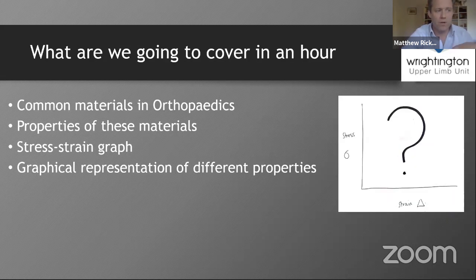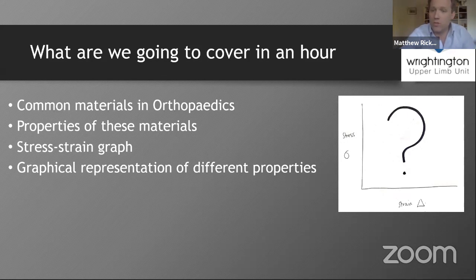So what are we going to cover in an hour? Well, probably about 45 minutes: common materials in orthopedics and the properties of these materials. When asked about these materials, hopefully you'll have something to say about each of them, but also you'll have an understanding of their properties and why you're using them, in particular in certain situations.